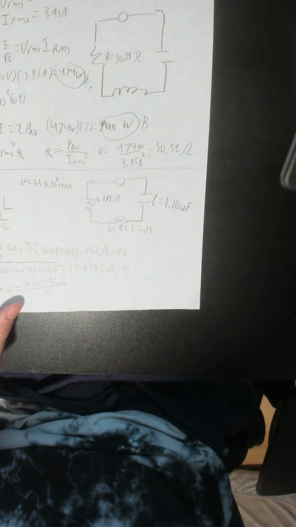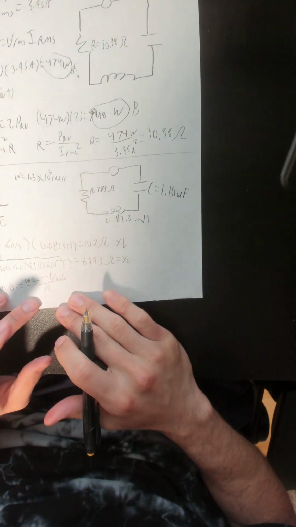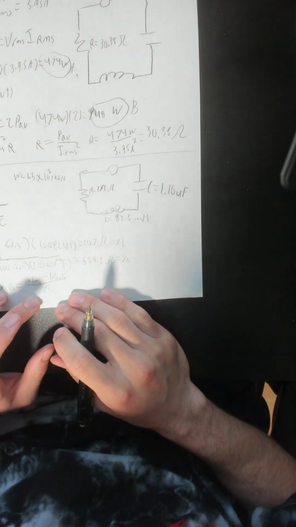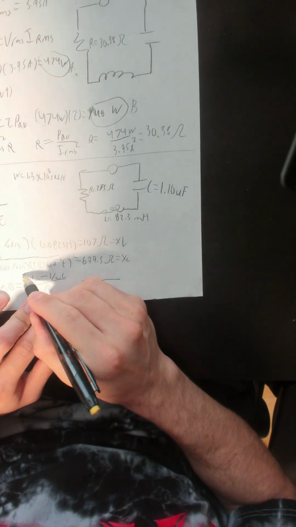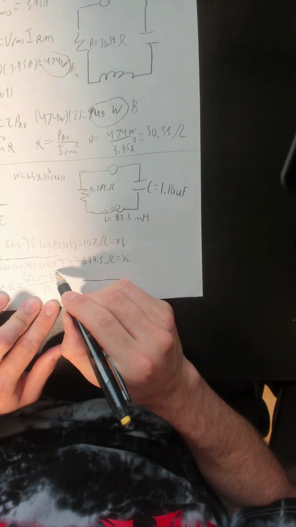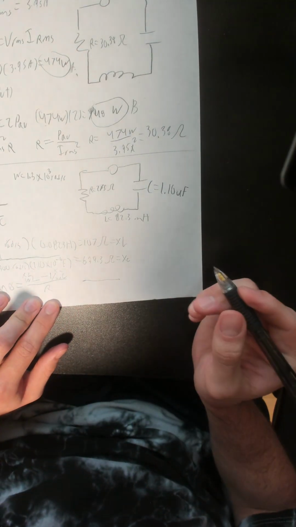So all we have to do is just plug everything in. We already have our other resistance, so just plug it in. This is XL, and that's XC right here. So just plug it in.